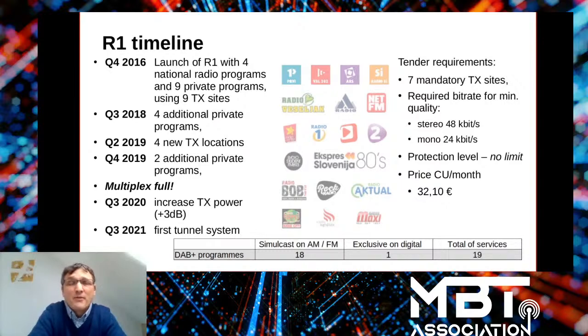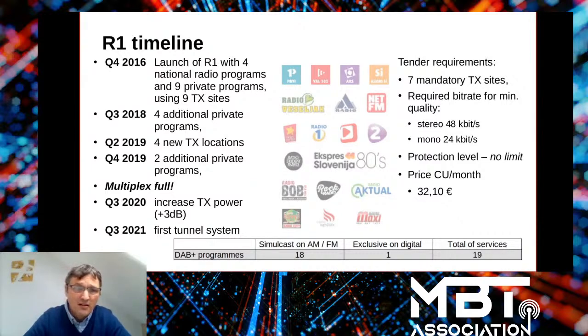So from the beginning they started having simulcasting on DAB, which, like we heard before, is not according to our wishes and to the marketing, that DAB needs to offer some additional services, but this is something which in the end our agency is driving. So last year we increased the power on some sites, so we also increased the coverage. And at the moment we are just finishing contracts.